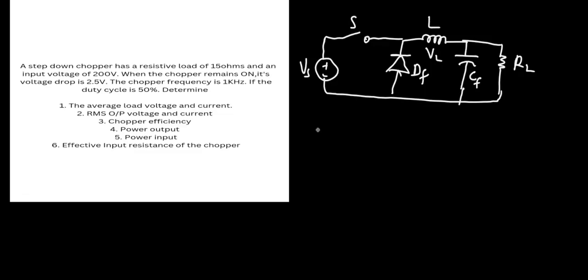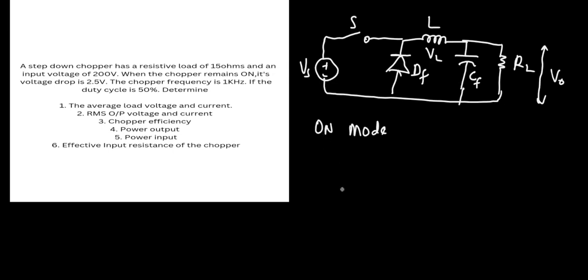So how do we solve this? The first thing we are going to do is to draw the chopper circuit diagram. So when the switch is on mode, we have our output voltage here, right? This is our output voltage.